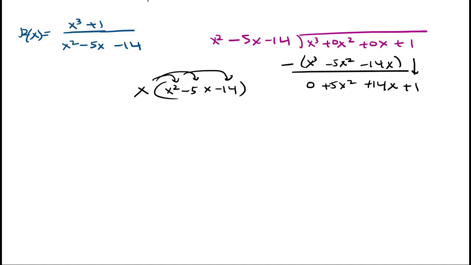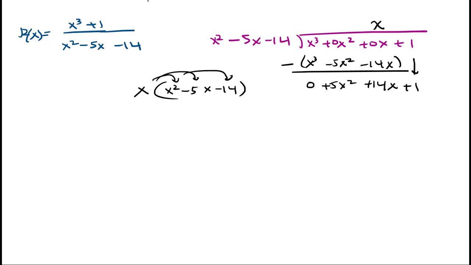Okay, so in this case, the first term we have is x. All right, so we put x there. Okay, so then we keep going. The power here is still either bigger or equal to the power down here, so we keep going. When it gets to the point when it's less than the power down here, then we stop.